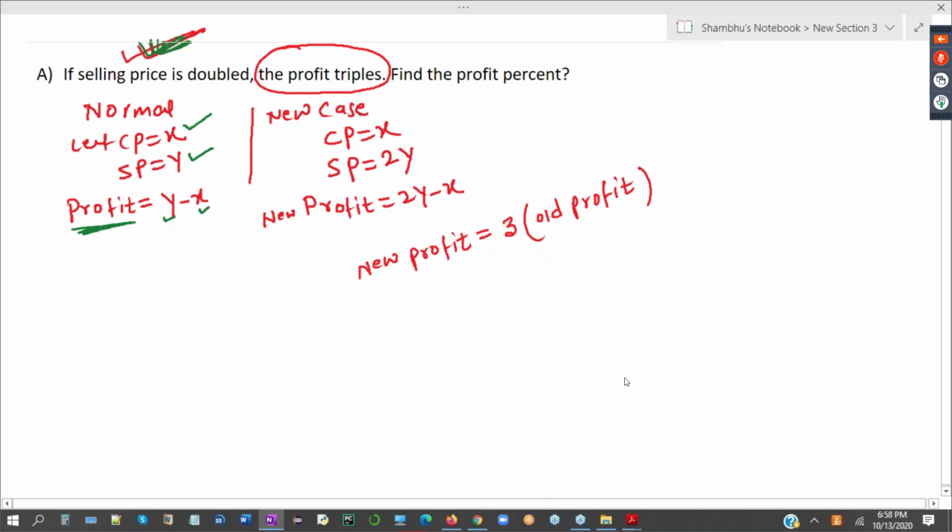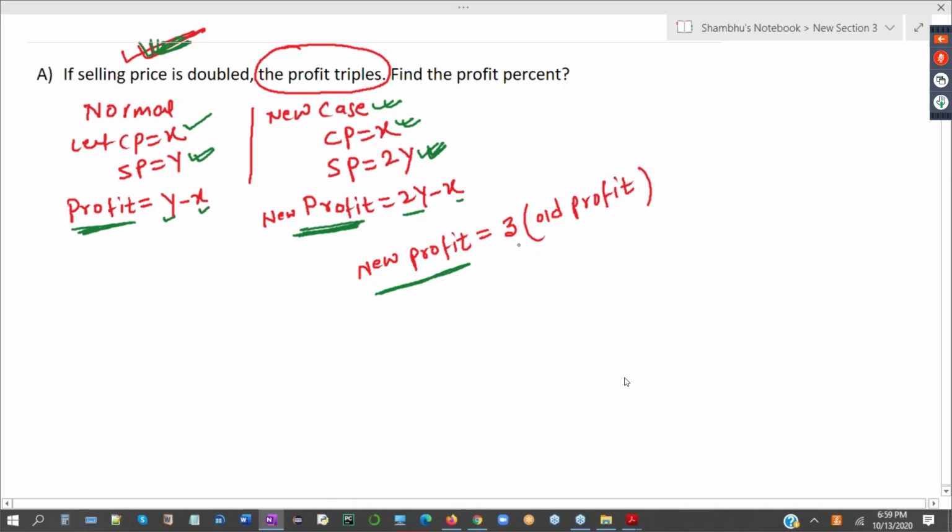When selling price is doubled, then profit will be 3 times. So I took one new case. In that, cost price is the same X, but now selling price is doubled. Earlier selling price was Y, but now the new selling price is 2Y. So in that case, new profit will be new selling price minus cost price.